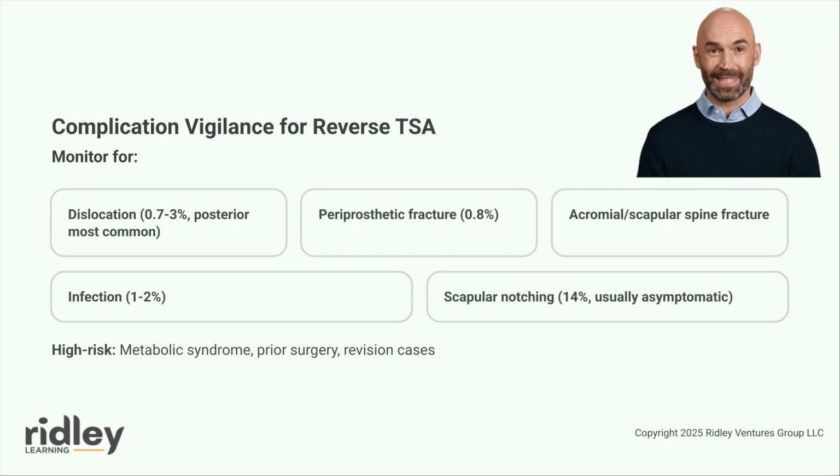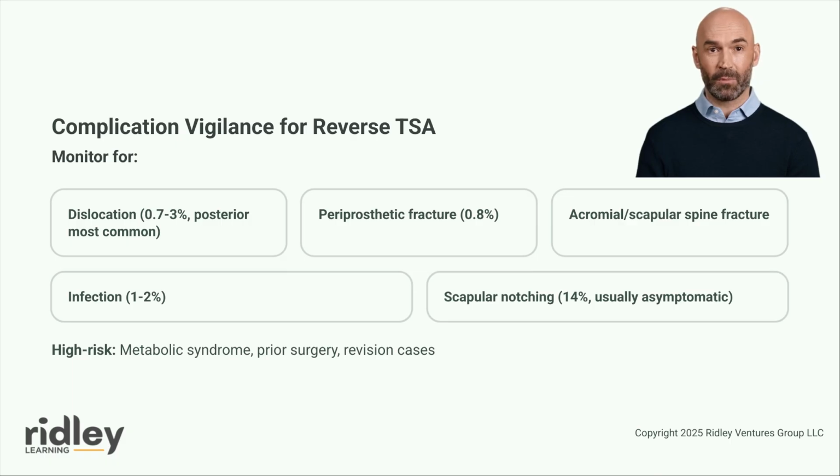Rehabilitation professionals should maintain a high index of suspicion for fracture in patients who develop acute onset of pain, loss of elevation, or palpable tenderness over the acromion or scapular spine, and should promptly refer such patients for radiographic evaluation and surgical consultation. Scapular notching, defined as inferior glenoid erosion from contact with the humeral polyethylene component during adduction, occurs in up to 14% of patients but is typically asymptomatic and does not require modification of rehabilitation protocols.